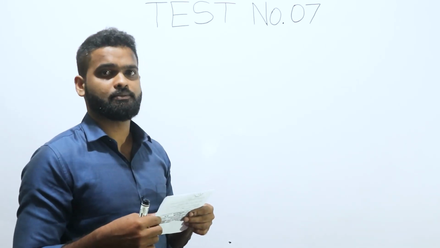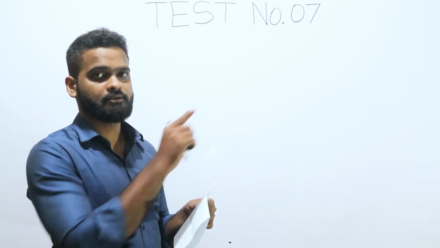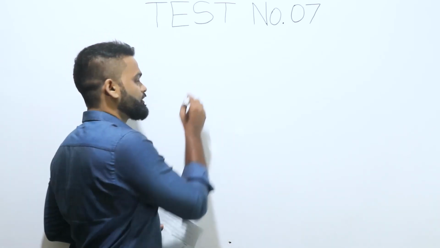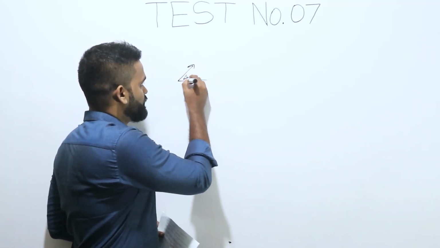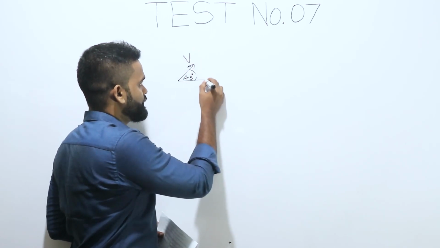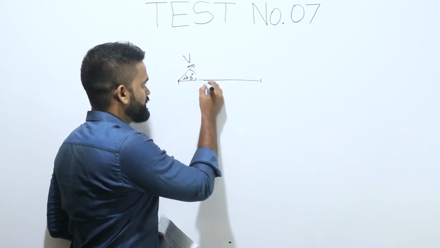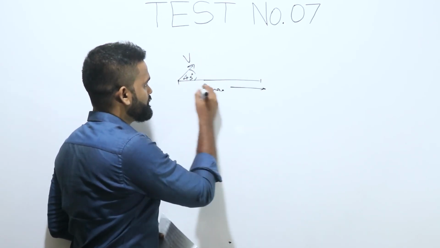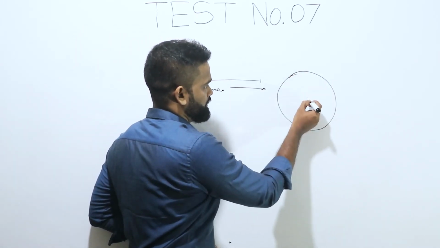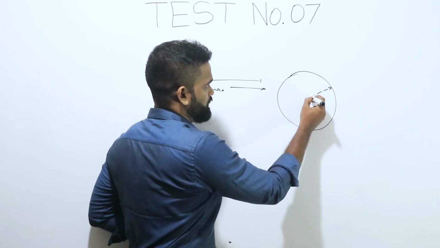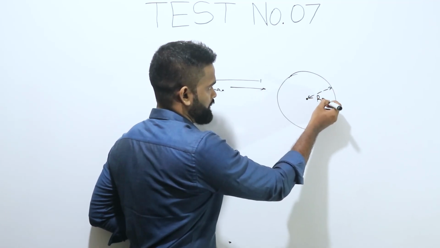So if you remember, we have to find the maximum range. To have the maximum range, the angle of projection should be 45 degrees, with the velocity v. Then just find R max, the radius there.